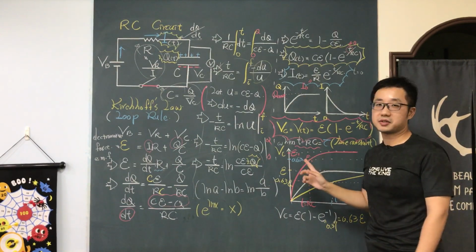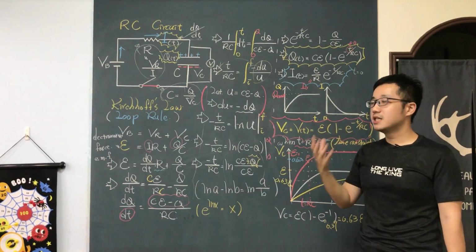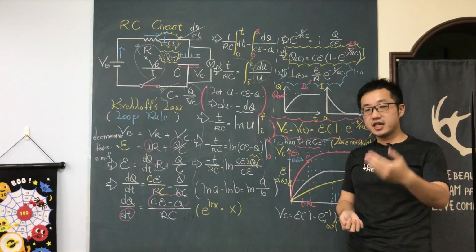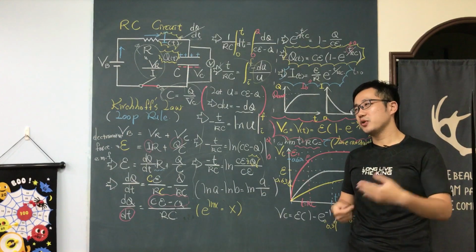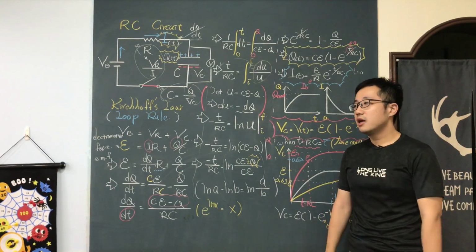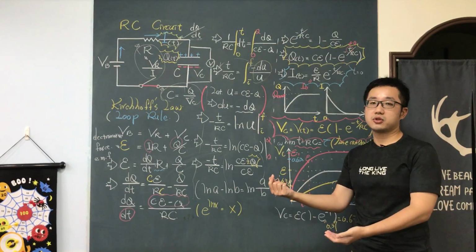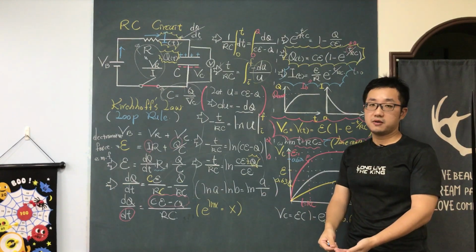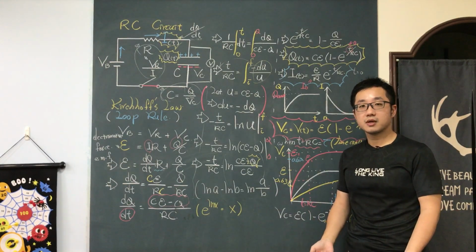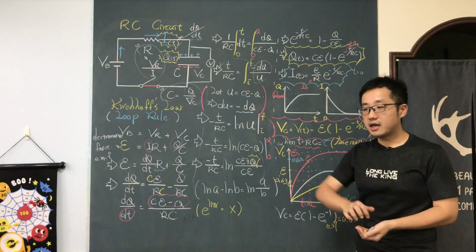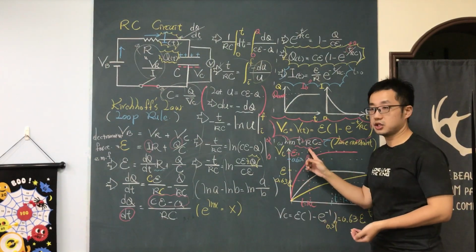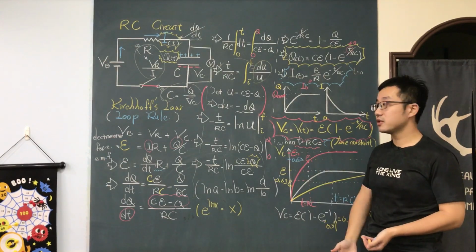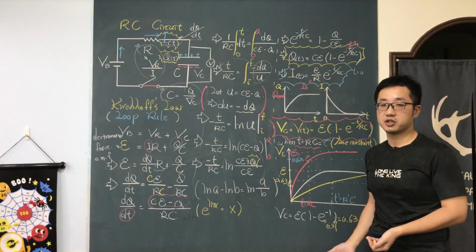So the time constant is just like the specific heat of an object. If the specific heat of an object is pretty low, that means you can elevate its temperature or cool down the temperature quickly. Elevate it easily and cool down easily as well. So if the time constant is pretty low, that means you can charge a capacitor as soon as possible.